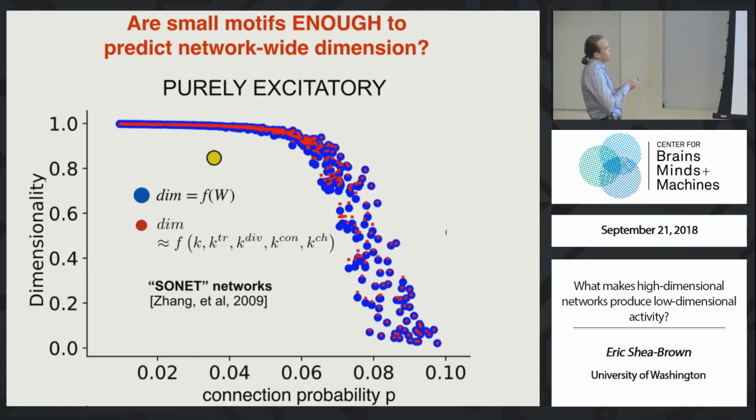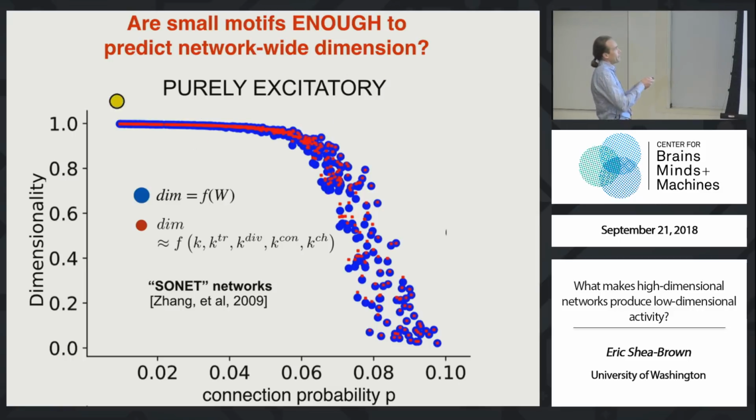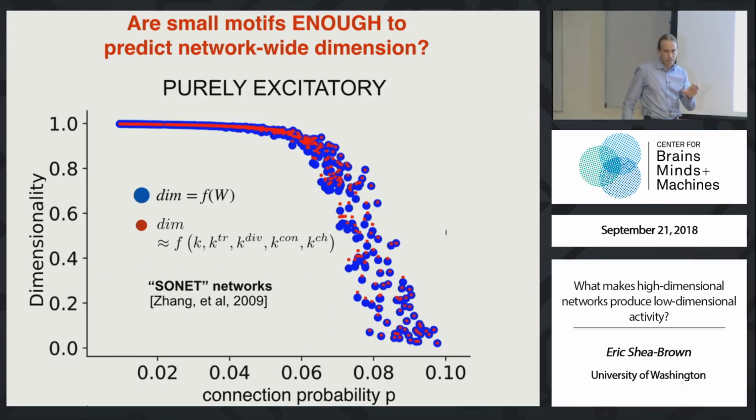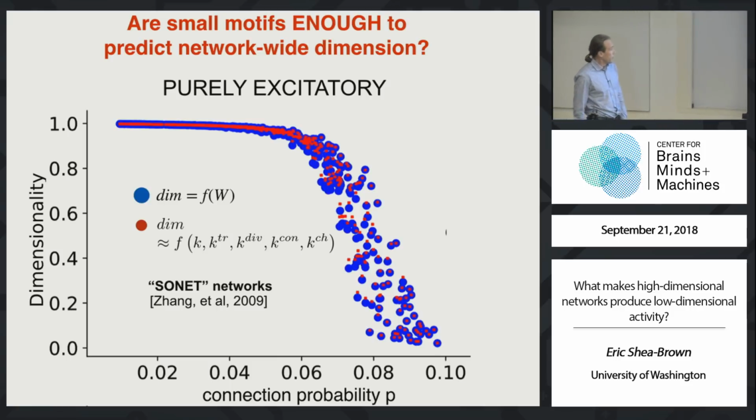This holds also for purely excitatory systems of more general exponential family of random graph forms like this. We get very good approximations to the exact result for dimensionality just by measuring a few observable properties of connectivity. That is the type of thing that is useful.